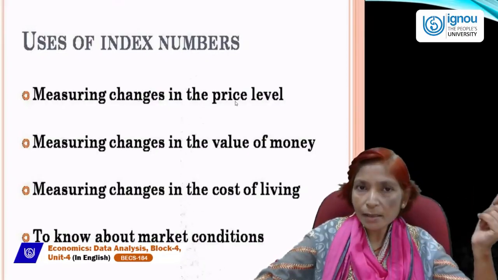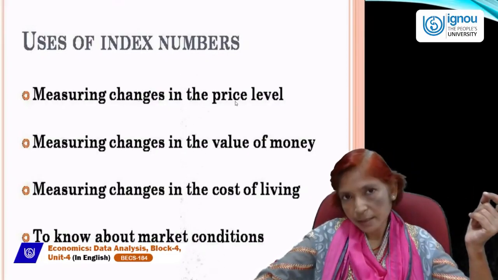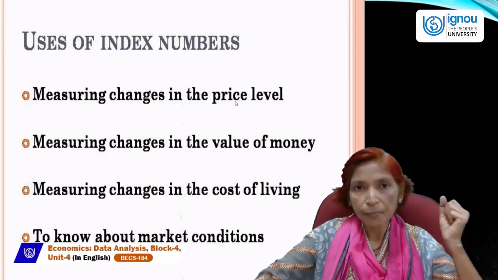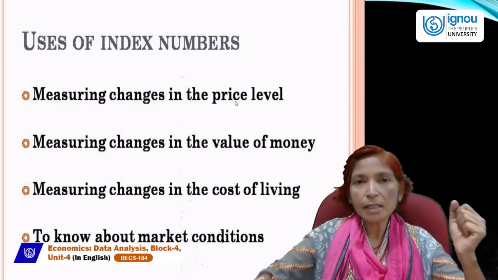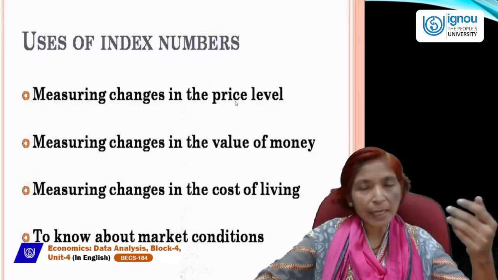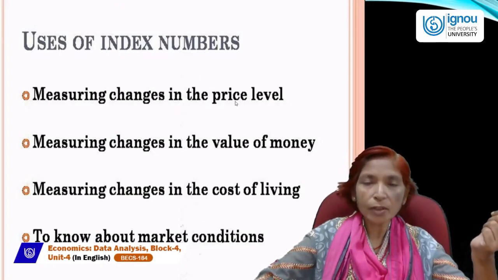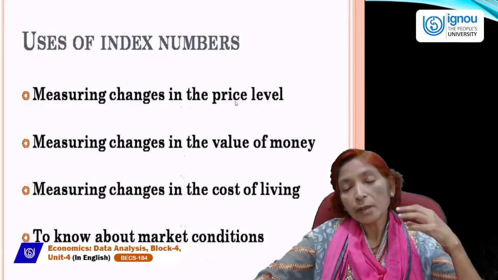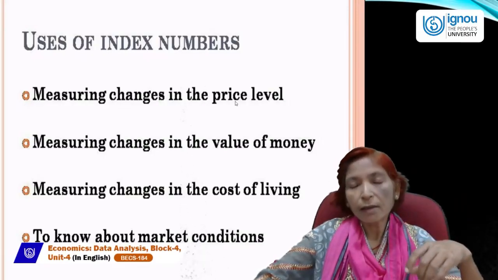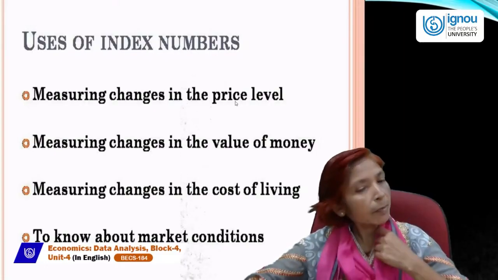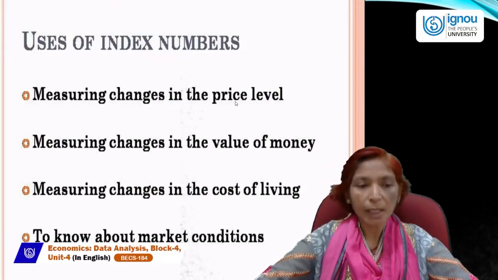If price decreases, then the value of money will rise. Value of money means the purchasing power of the currency. If price increases, the purchasing power of the currency will fall, and if the price level decreases, the value of money will rise. So it measures the changes in the value of money.